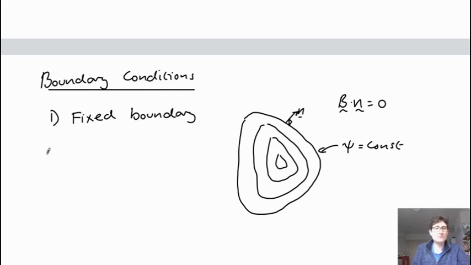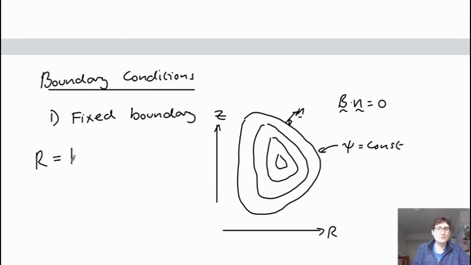So typical shapes that are used are this kind of parameterization. So you have the major radius, which is going out this way. This is major radius, and this is height, z. So R0 is a kind of value in here. So this is the R0.